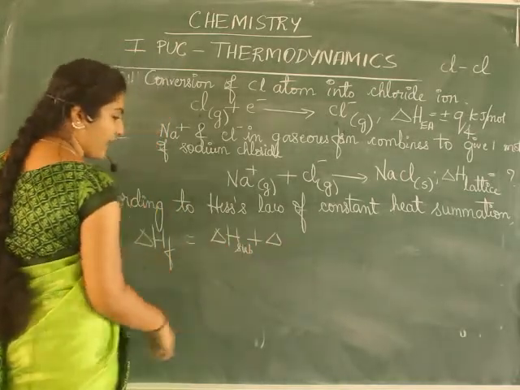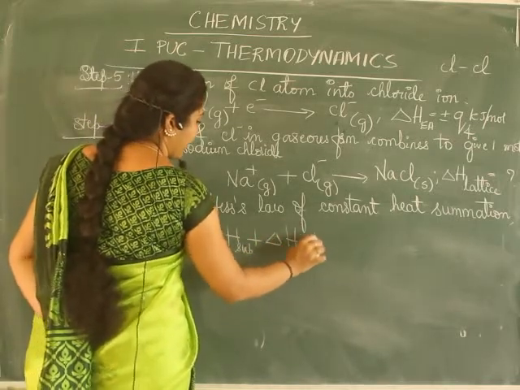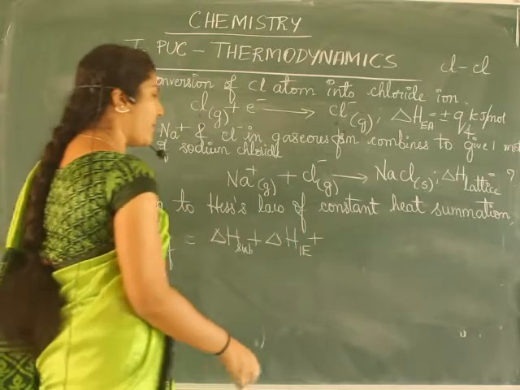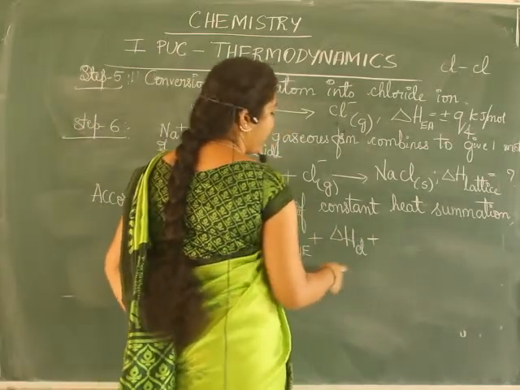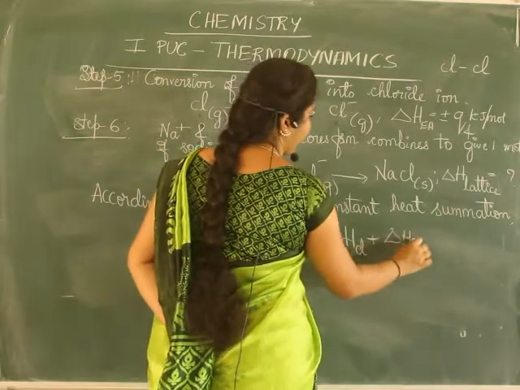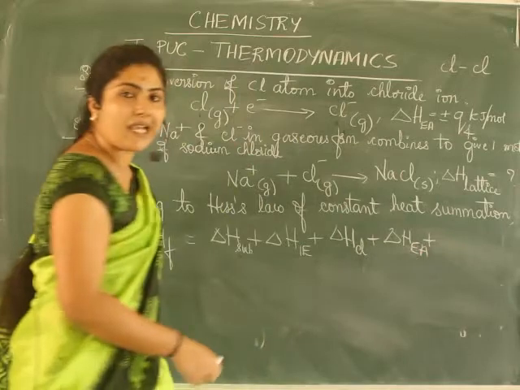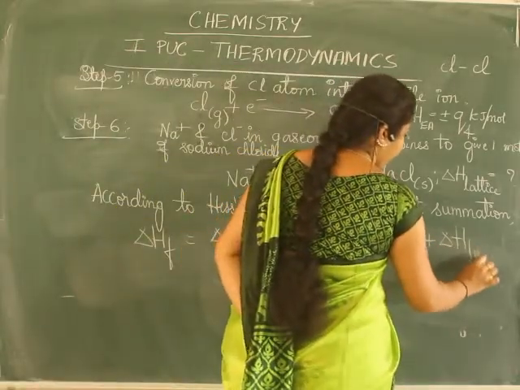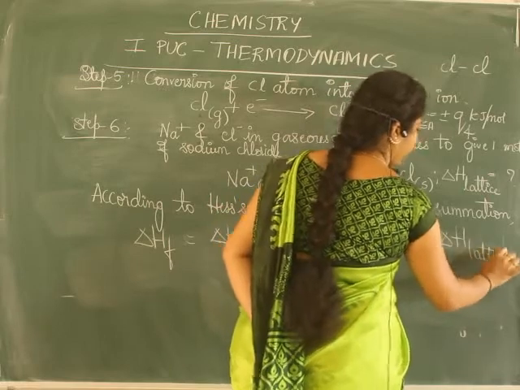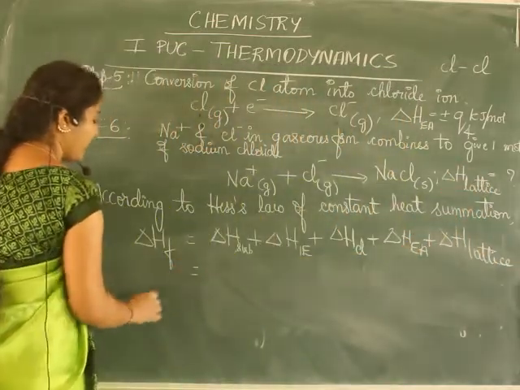First sublimation takes place, then ionization of sodium takes place. Next step is delta H of dissociation of chlorine. Next, delta H of electron affinity of chlorine to chloride ion. Then last comes the lattice energy, delta H of lattice. Now you have to substitute the values here.